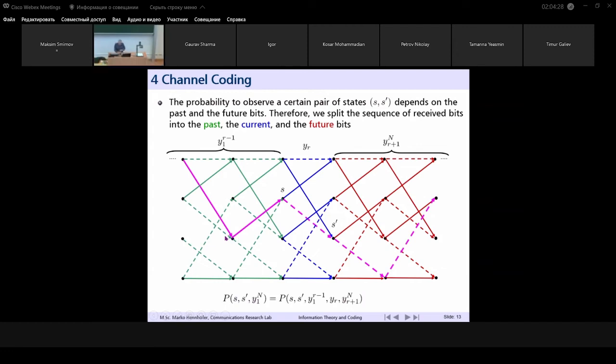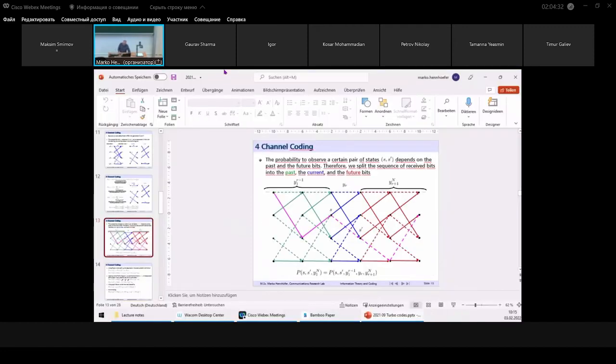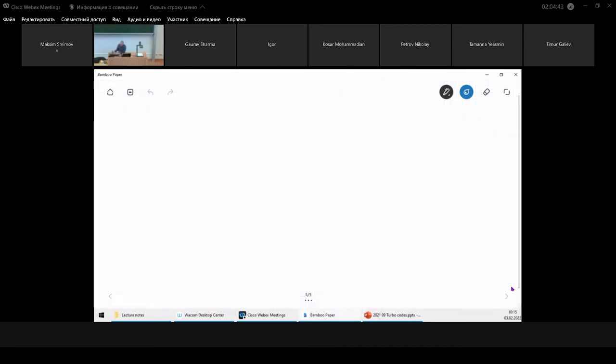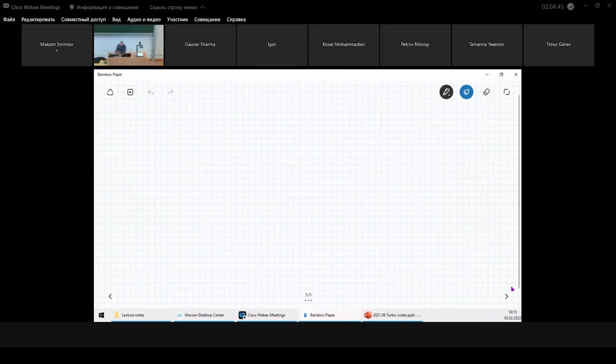Maybe we should make an example there, so we still have some time left. So enough time to get the main idea of the MAP decoder.